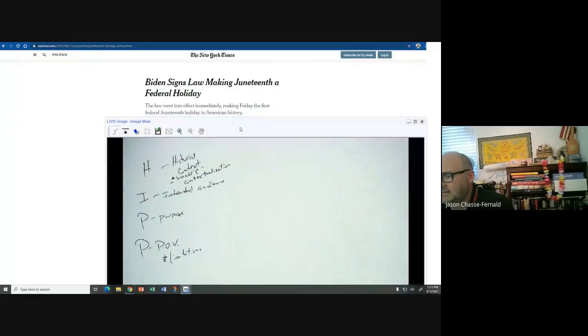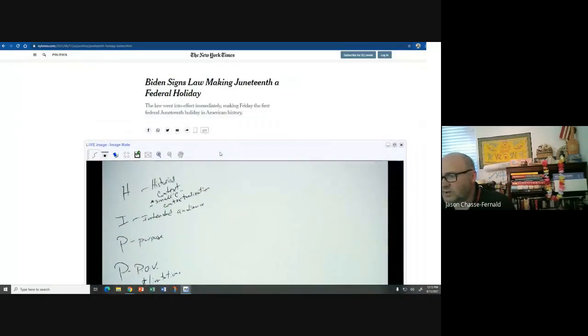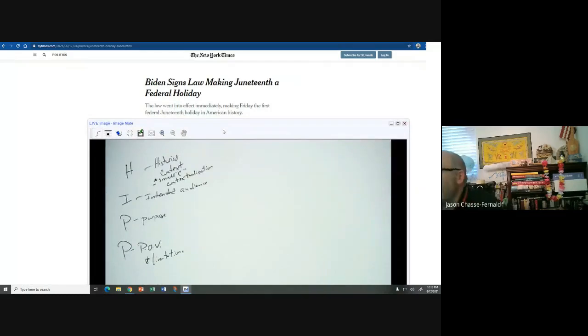Let me just kind of move this a little bit. Could you source this document for historical context? Could you tell me something going on in the United States in the year 2020, 2021 that may have contributed to the creation of Juneteenth as a federal holiday?